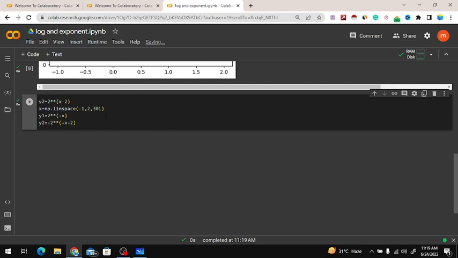Now I want to visualize this one. So let's go here and look here.